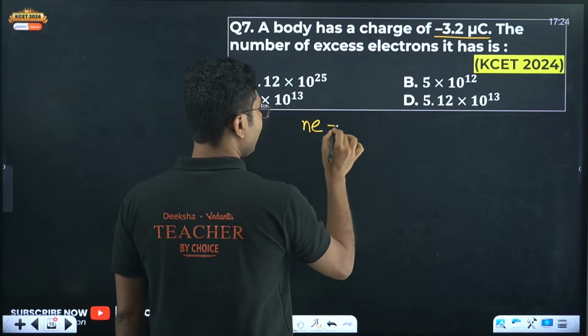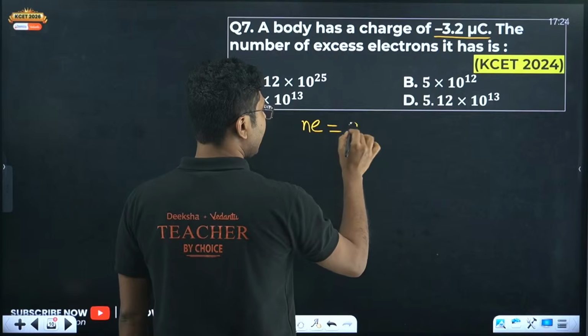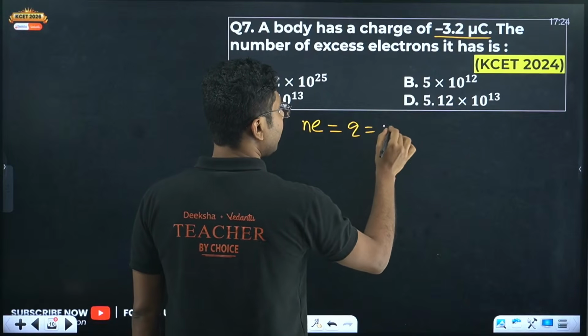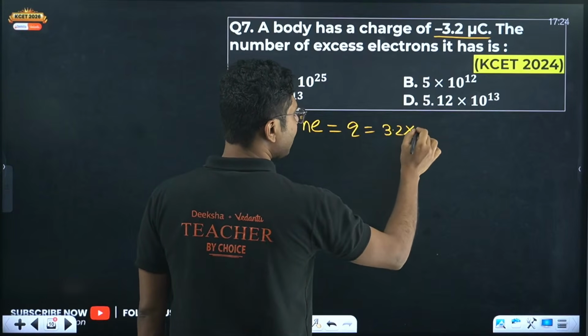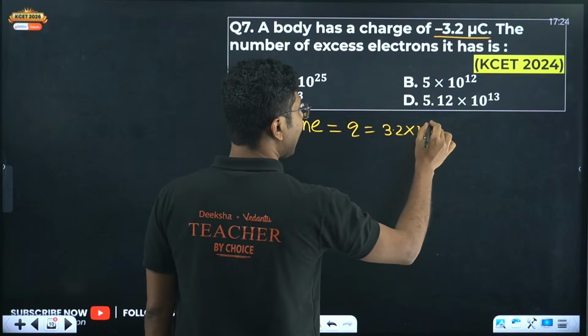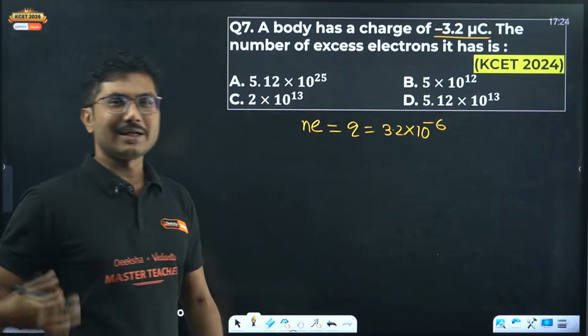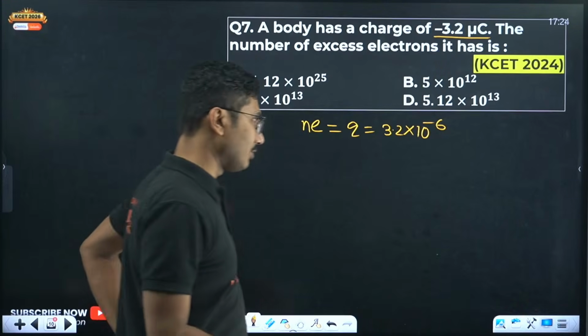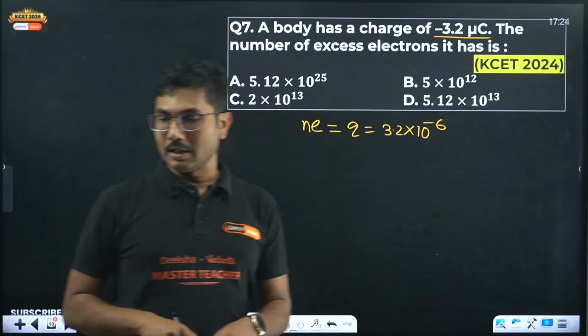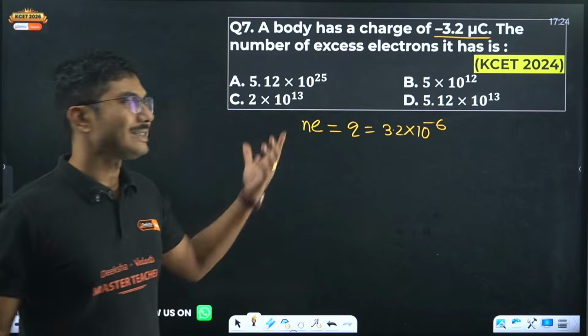So N into E is the charge, which is 3.2. The sign of the charge does not matter, because sign means basically extra electron or less electron. If it is positive, then less electron. If it is negative, it means excess electron.